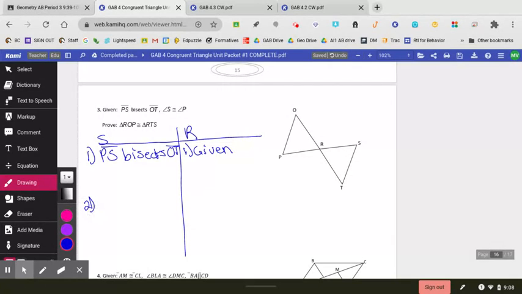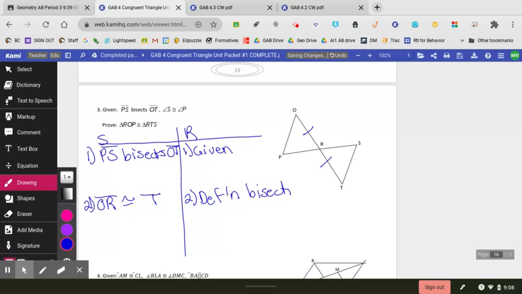Well, if PS bisects OT, that tells me that OR is congruent to RT. And that's definition of bisect. It does not say that OT bisects PS. So I know nothing about the parts of PS.